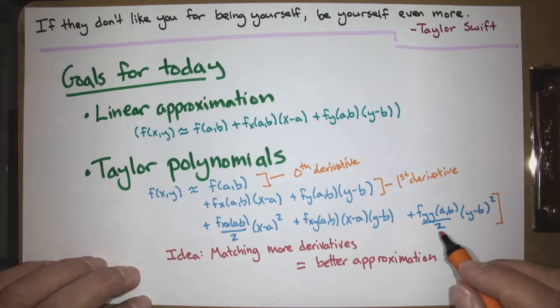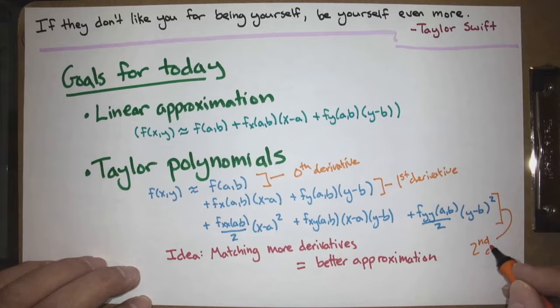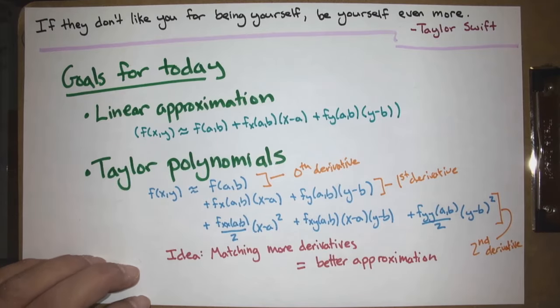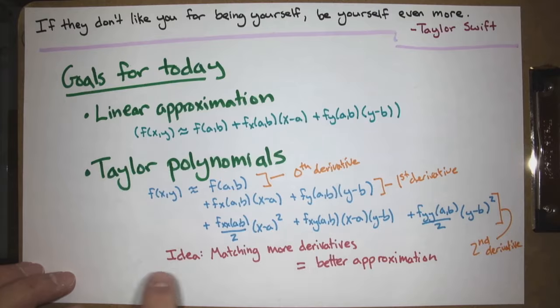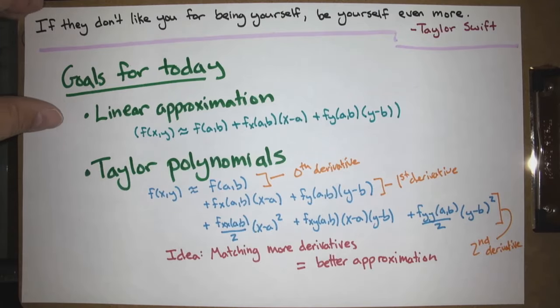And f sub yy at (a, b), divided by 2, times y minus b squared. This makes sure the second derivatives are also matching. Essentially, you're building up a polynomial that matches derivatives up to some point, so it's matching the behavior. And it turns out, the more you match, the better the approximation.